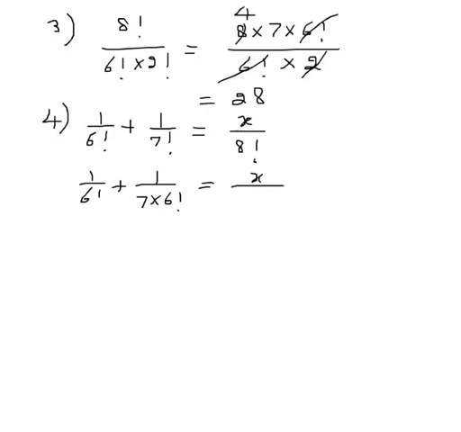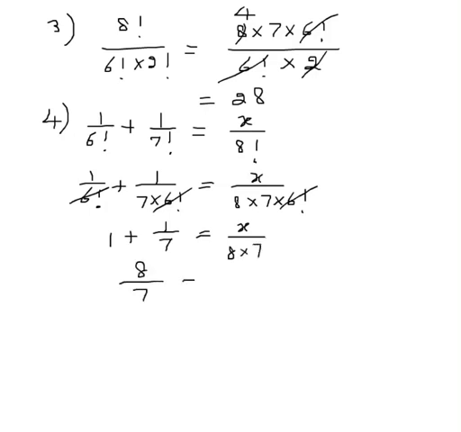Similarly, 8 factorial can be written as 8 times 7 times 6 factorial, so that I can cancel 6 factorial throughout. 1 plus 1 by 7 is equal to x by 8 times 7. Take LCM. 7 plus 1, 8 by 7 is equal to x by 8 times 7. X is 8 8s are 64.